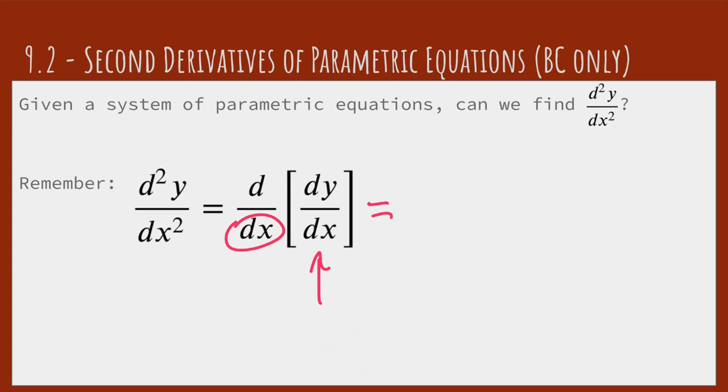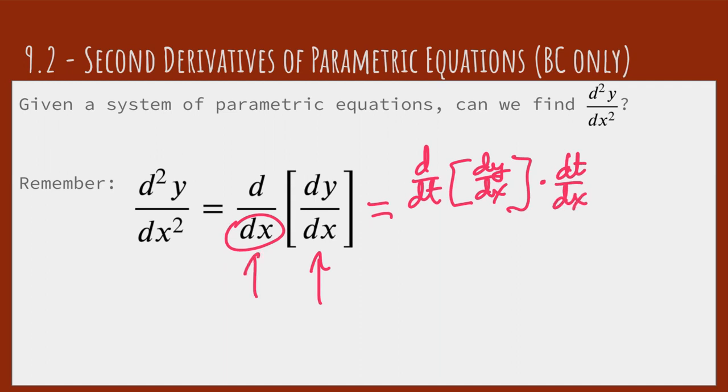To take the derivative of dy/dx, we can take the derivative with respect to t. So this is essentially taking the derivative of the outer function, and we're leaving the t's inside. So those t's are going to be the inner function, and now we have to multiply by the derivative of that inner function with respect to x because we're taking the derivative with respect to x.